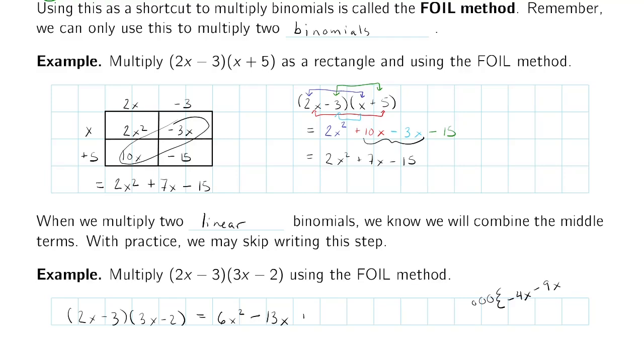Negative 3 times negative 2 is plus 6. So with practice, and especially if we have numbers that make the arithmetic easy, we may skip writing out the middle terms separately and just combine our middle terms as we multiply. We're not going to do that right now, but that's a place that you might find yourself getting to as we continue to practice this.